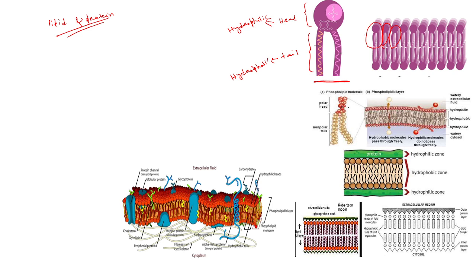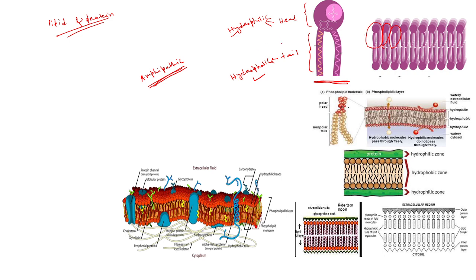That means in the same structure both hydrophobic and hydrophilic parts are present. So that's why the lipid is called an amphipathic molecule. What is an amphipathic molecule? Any structure which contains both hydrophilic as well as hydrophobic parts is called an amphipathic molecule.